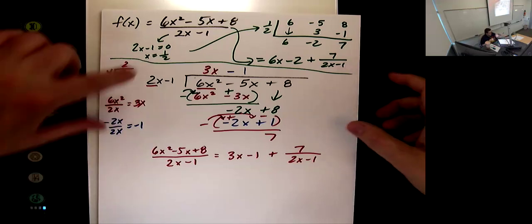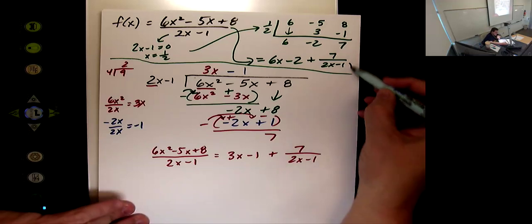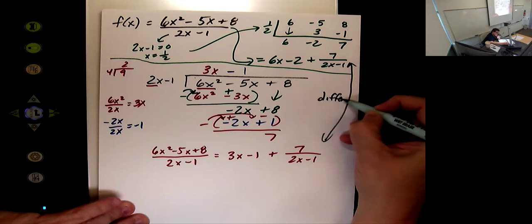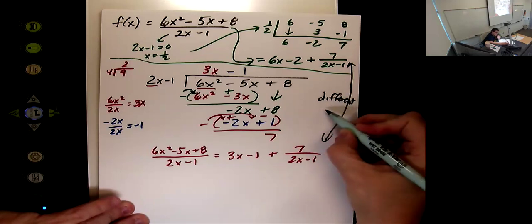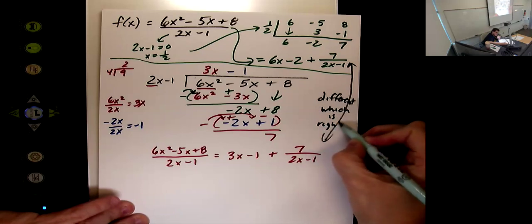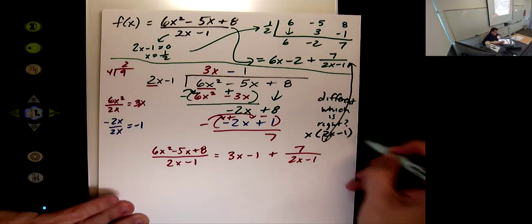Let's go through and multiply through by 2x minus 1 on both of them, see which one gives us the numerator. So these two are different. Let's see which is right. I'm going to multiply by 2x minus 1.